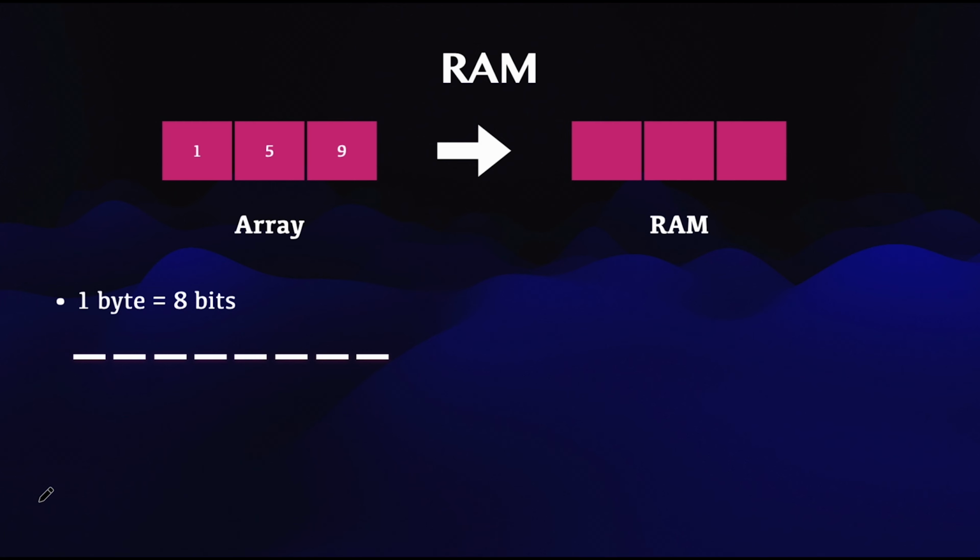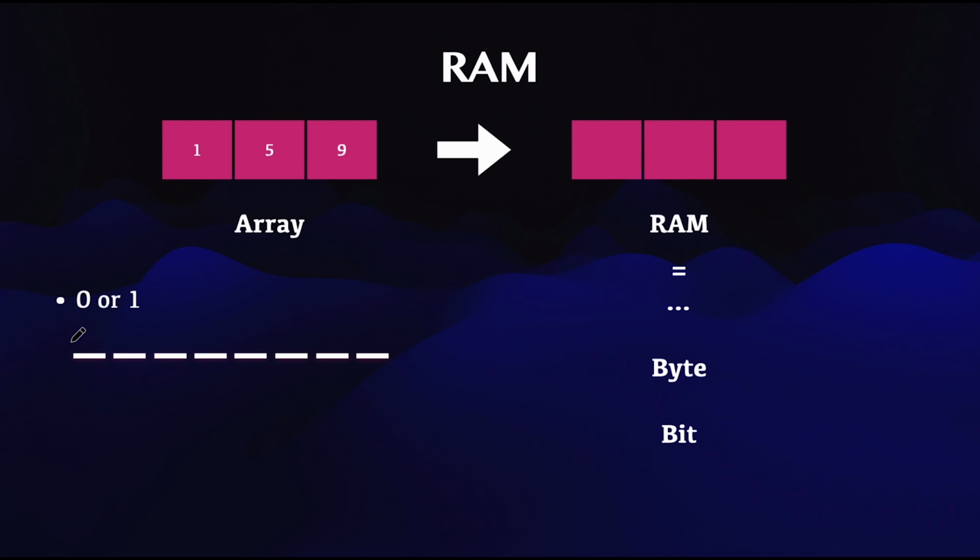You probably know that a byte is a small unit of information that represents a piece of data, and it's made of even smaller units that we call bits. So what is a bit? Basically, bits are the smallest units of information that a computer understands. So it's like a tiny switch that can be either on or off.